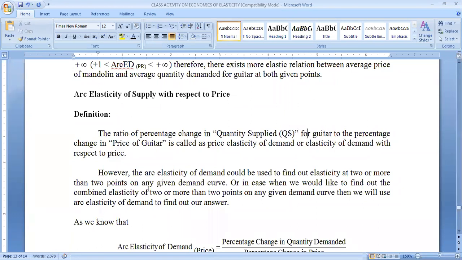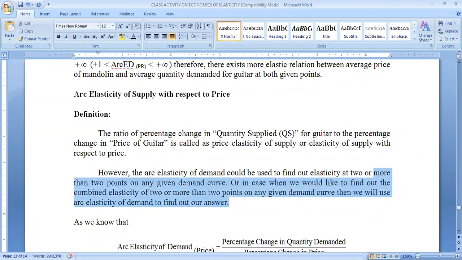QD should be replaced with QS. So the ratio of percentage change in quantity supplied for guitar to the percentage change in price of guitar is called price elasticity of supply, or elasticity of supply with respect to price. The definition is the same.